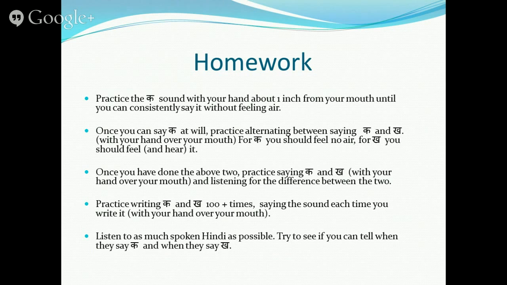And then, of course, there's writing practice. Try to write each 100 plus times and say the sound each time you write. And of course, where's your hand? Over your mouth. Your tutor has to always be here because your tutor is the only one that will prevent you from thinking that you have it right when you have it wrong.